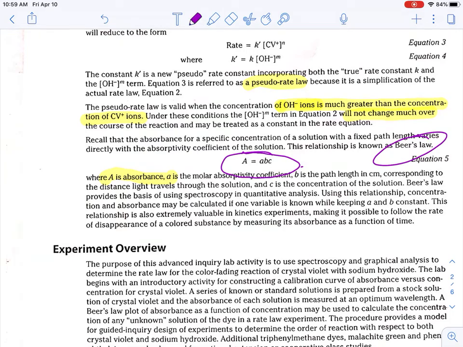What's important is that the molar absorptivity coefficient and the path length in centimeters, those two values, epsilon and b, are going to remain constant because we're going to use the same size of cuvettes, and the molar absorptivity coefficient is going to be the same. So this whole thing just becomes a constant. And then C, the concentration of the solution, is going to be the whole key to this.